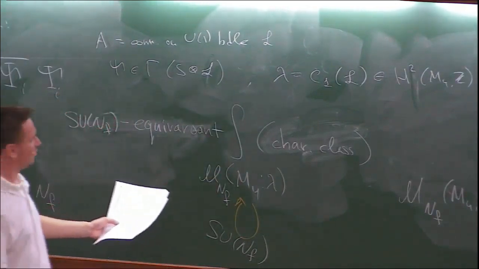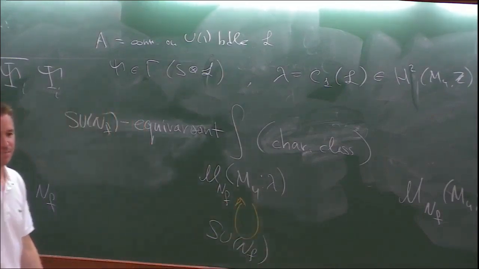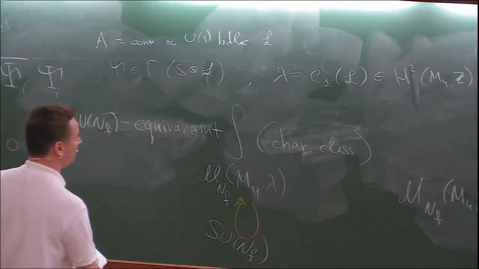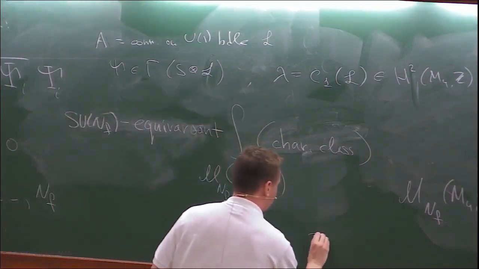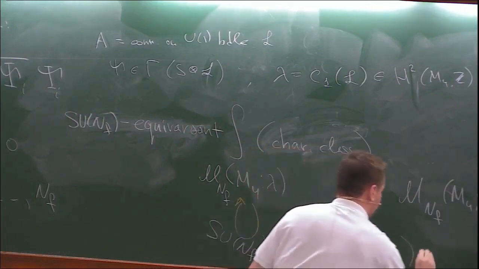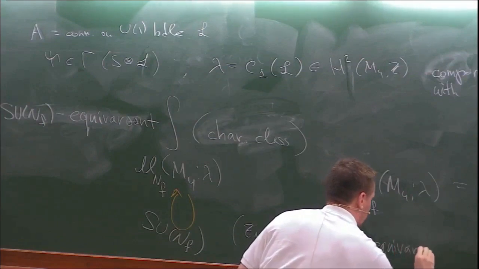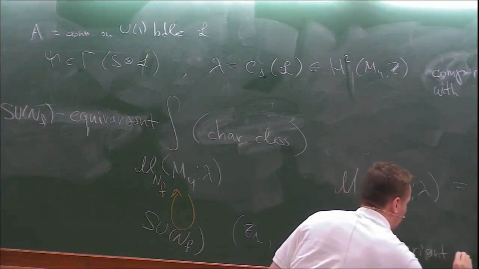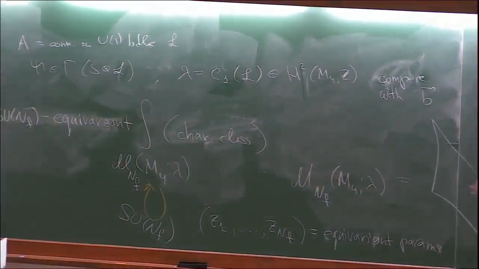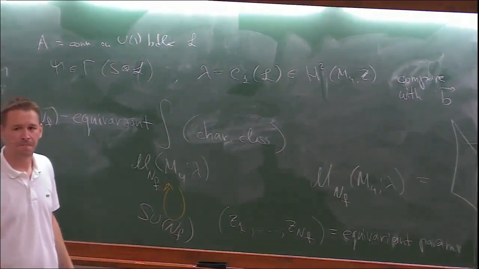It will depend now not only on the choice of 4-manifold and topological class lambda, but also on equivariant parameters for this SU(n_f). So I call them z_1 and so on up to z_{n_f}, equivariant parameters, as usual living in the Lie algebra of the Cartan of our group, which is SU(n_f).